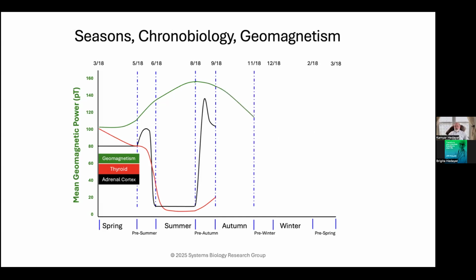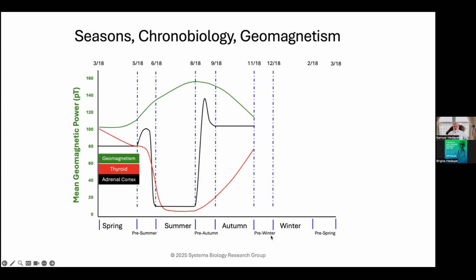And then we have the autumn time, and the geomagnetic activity starts to fall more precipitously. And the adrenals, which have substantially increased their level from summer, now should be equilibrated and functioning at a generally higher level than you would see in the spring. And again, we see a commensurate rise in thyroid activity in response to the geomagnetic fall.